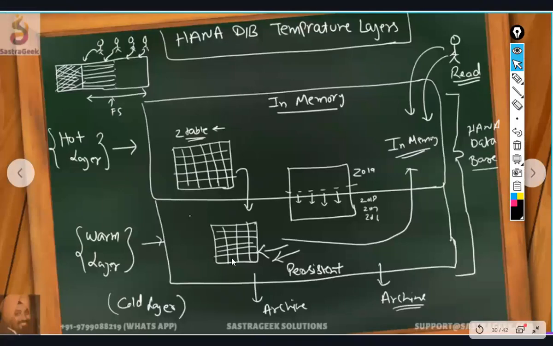This is the example where we have pushed the data into the warm layer, but when the user requested it, the system automatically pushed it up and the read happens through in memory. That is the concept I wanted to show you from the database perspective. If you understand that concept, I will take a quick pause to check if you have any questions before I move to the next part.